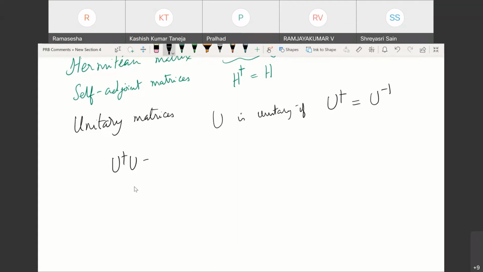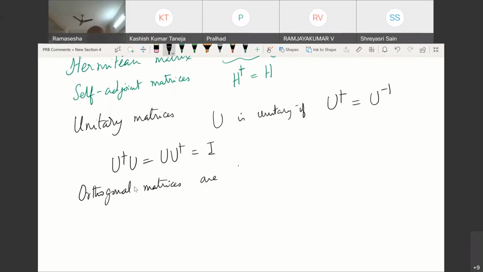And orthogonal matrices are those where, let me use the symbol O, O transpose is equal to O inverse. So O transpose O equals O O transpose is equal to I.